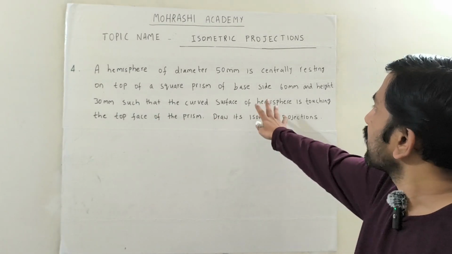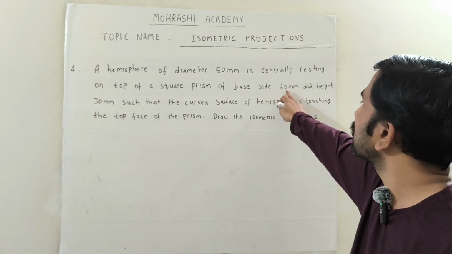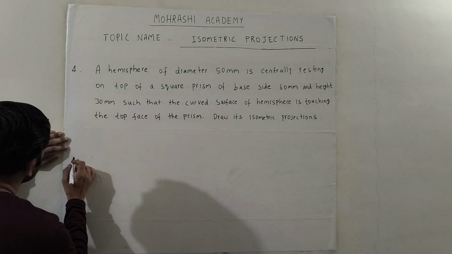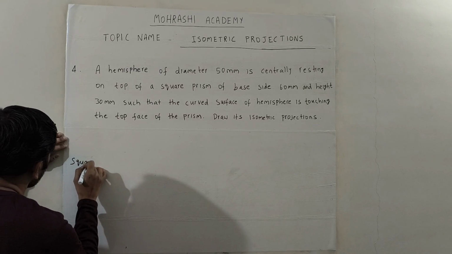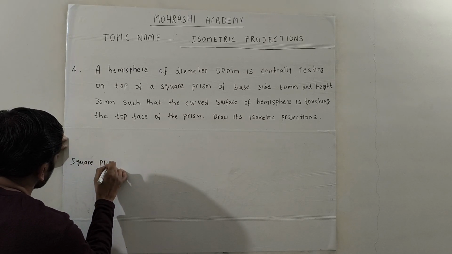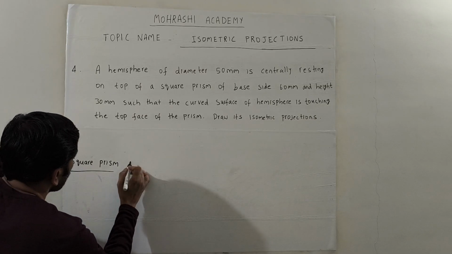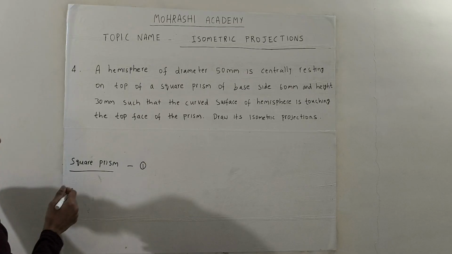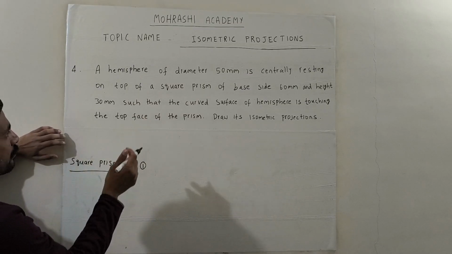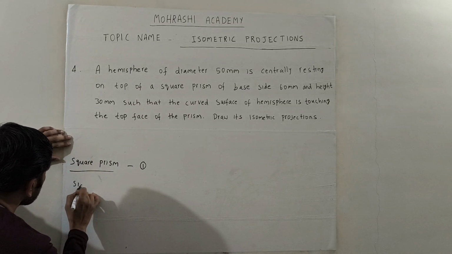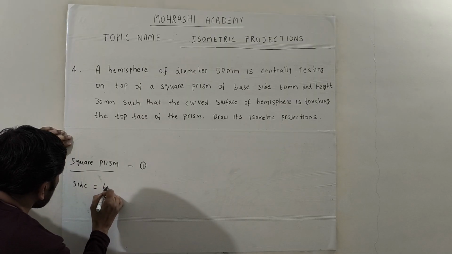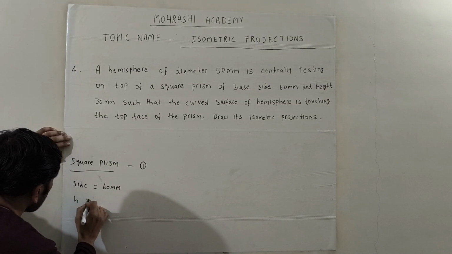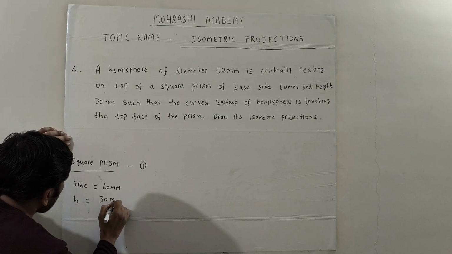First, I have to construct the square prism of base side 60 mm and height 30 mm. First, square prism. This is the first one. Square prism: a base side is equal to 60 mm and height is equal to 30 mm.